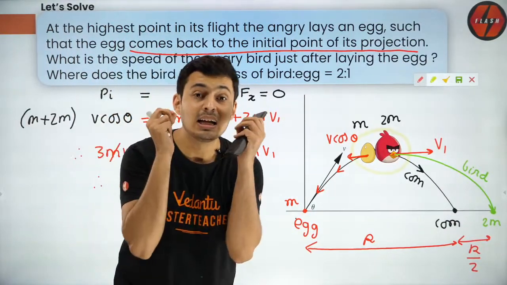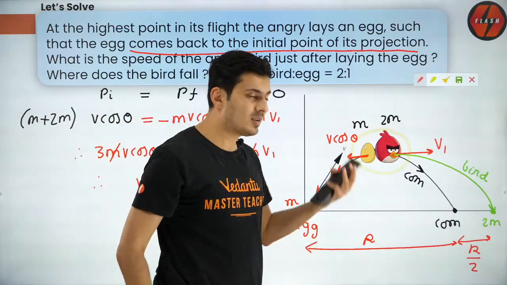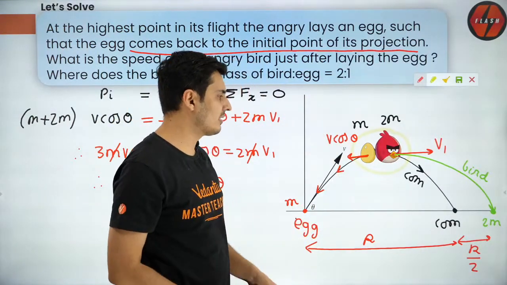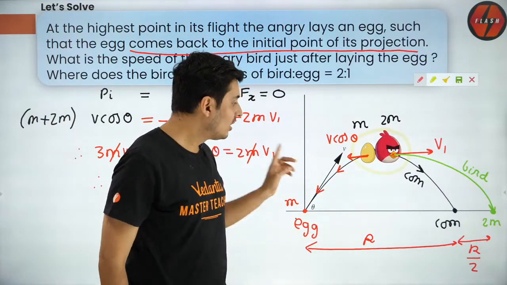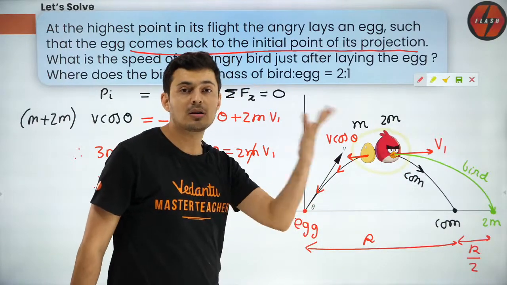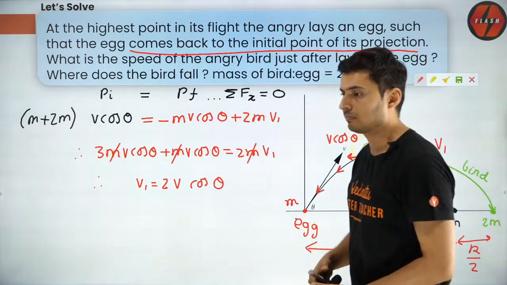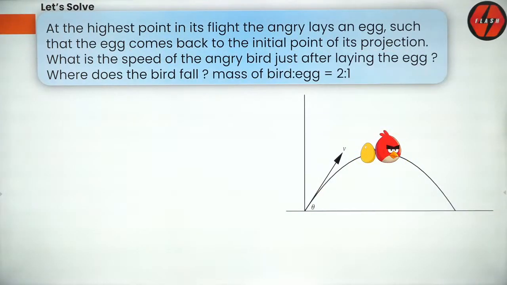I hope this is clear and this trick has helped you. It has saved you so much time, else you would be sitting and scratching your head about what to do. So the concept of center of mass has been applied. Also the trick of inverse ratio of the masses has been applied over here. What a beautiful problem. Alright. Is this clear? Let's go ahead.